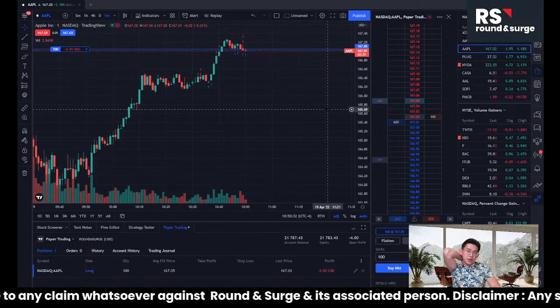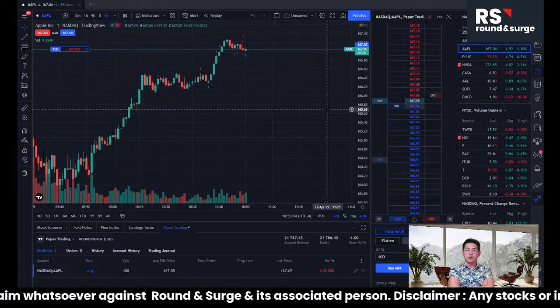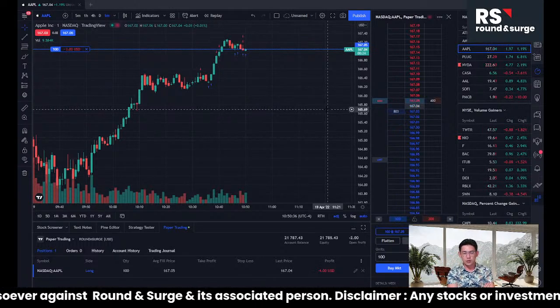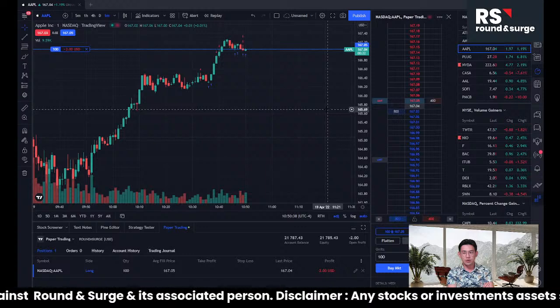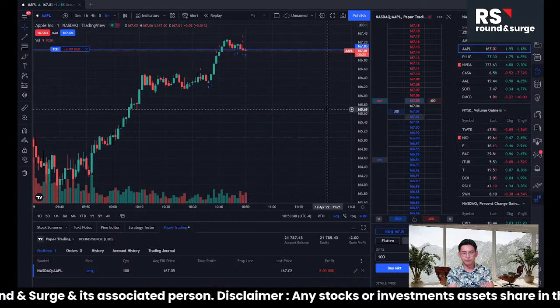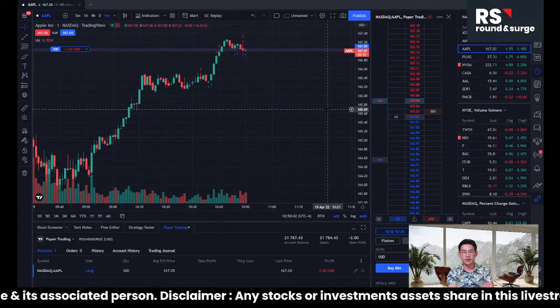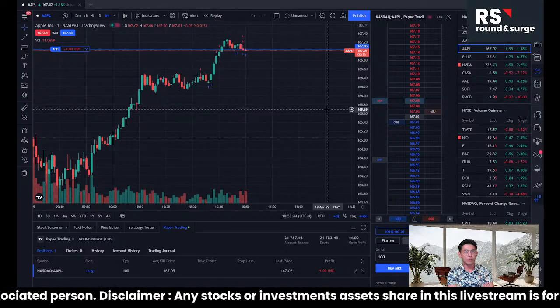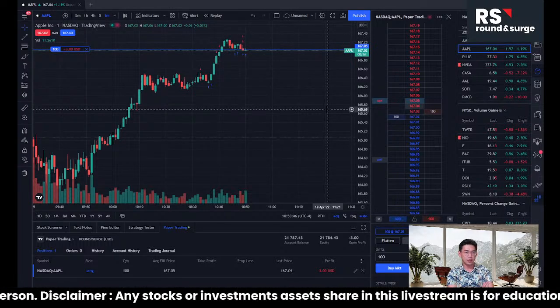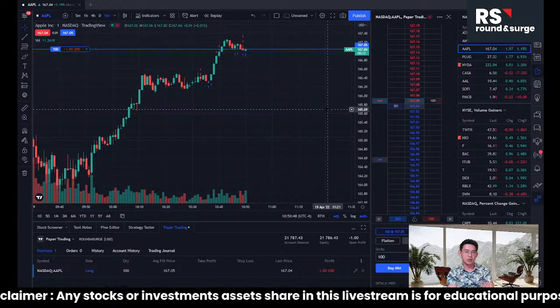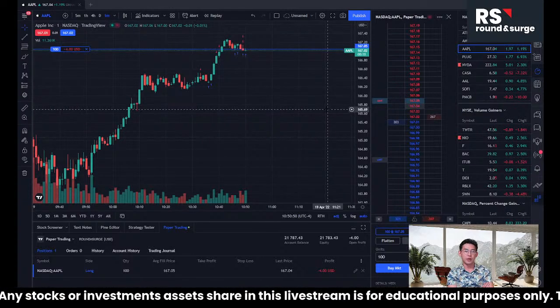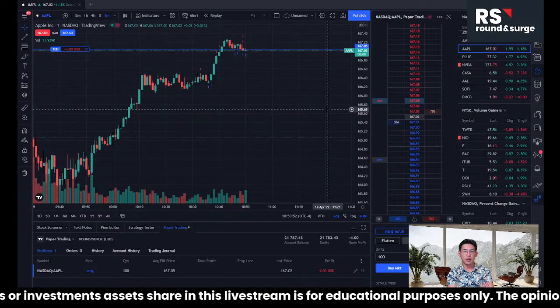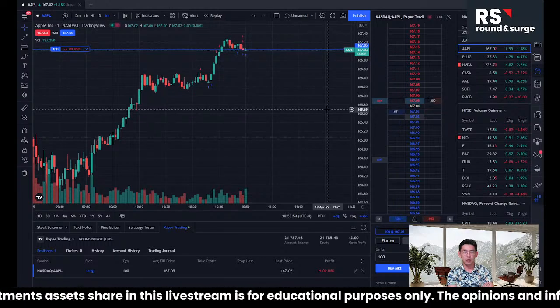Apple is moving sideways here. So I did one cut loss right now. So we need to be aware of that. If let's say this one is a cut loss, then I need to pause a while and think how this trade is going to work.